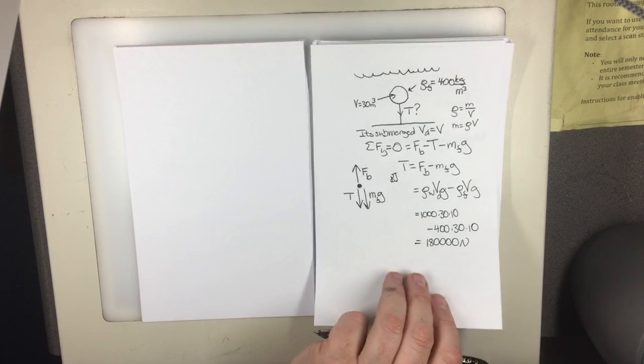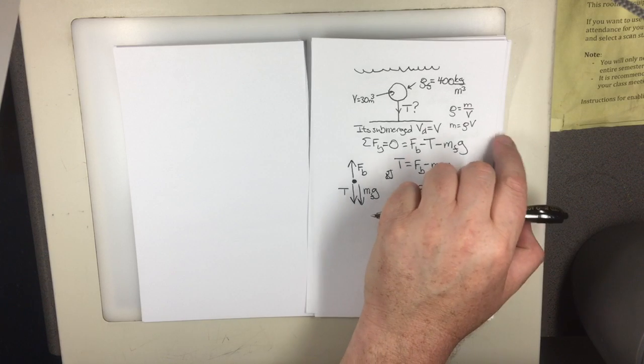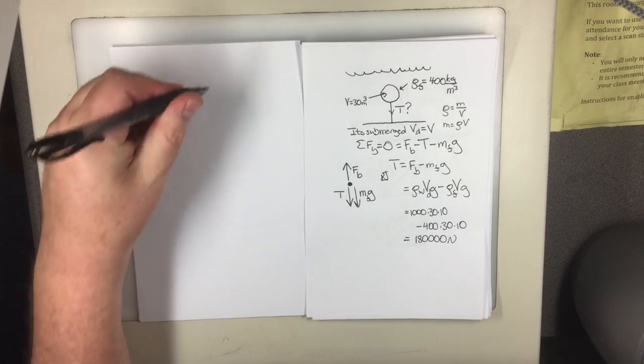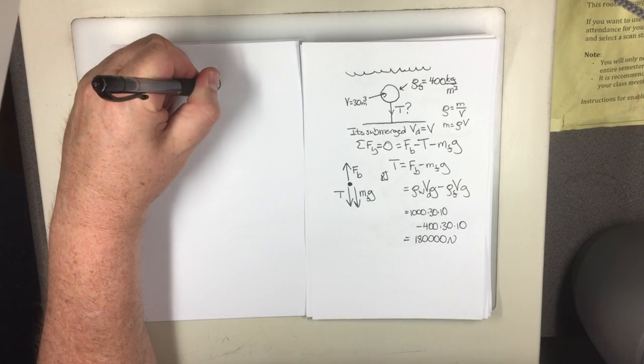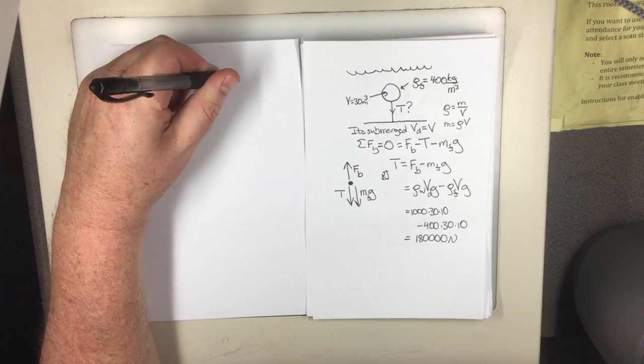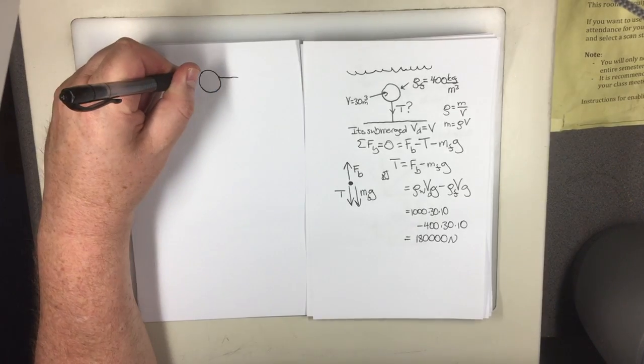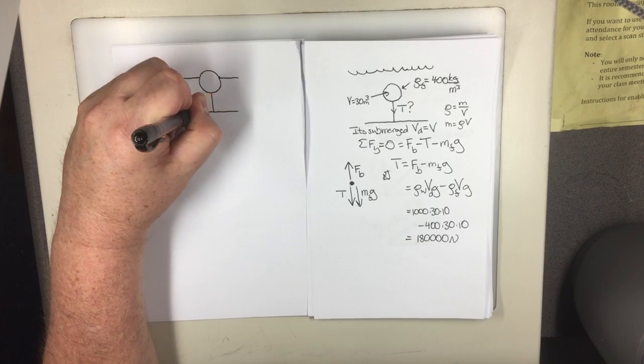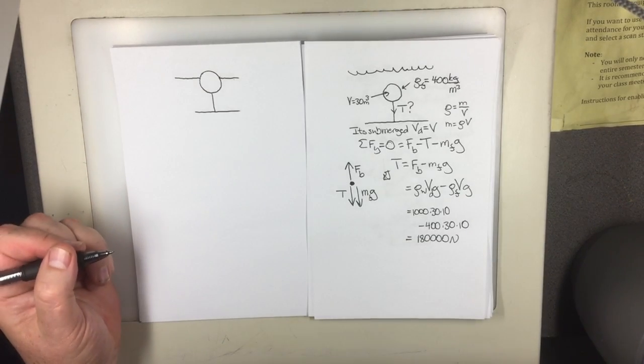Now what we're going to do is we're just going to riff on this problem in a few different ways. The other thing that we could do is partially expose the sphere, we could just lower the water level.